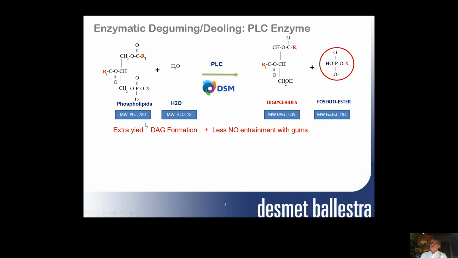It's a little bit lower, but almost in the range of the phospholipid. So this is specifically what we recover, plus some free fatty acid, and then we are recovering in weight a lot of weight from the phospholipid, and also to have less neutral oil entrainment in gums.